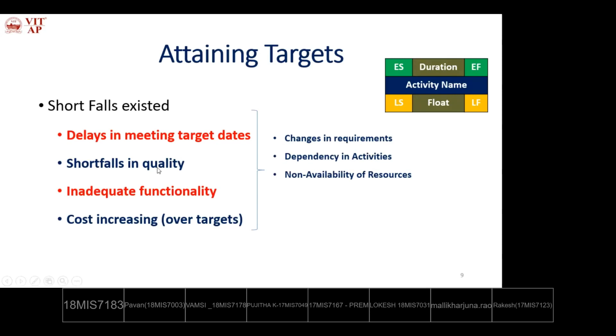So, shortfalls in achieving quality, and then inadequate functionality. What do we mean by functionality? That we discussed in step one, project scope and objectives: the various functionalities that we are providing through the system. Whenever a change is suggested by the client, the functionalities also will change according to these changes.